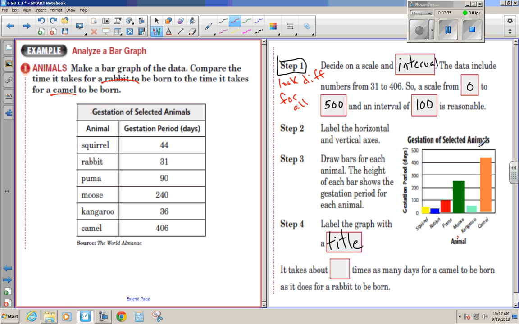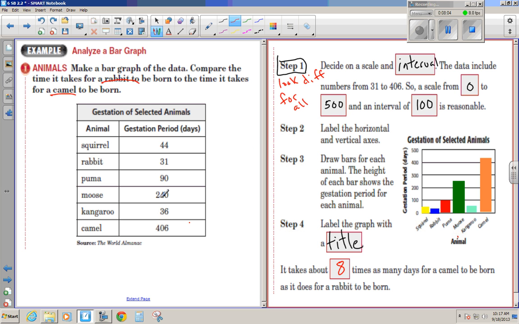So looking at the graph, here's a rabbit, here's a camel. And I look at these graphs and just say, all right, well, that's about 2 times, 3, 4 times, 5, 6 times, 7, 8, almost 8 times as many days for a camel to be born as it does for a rabbit.